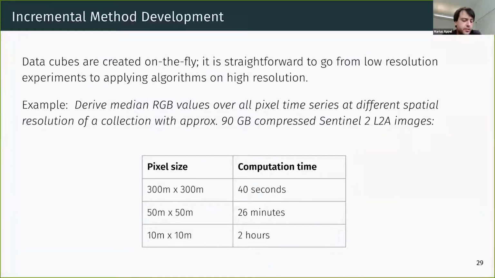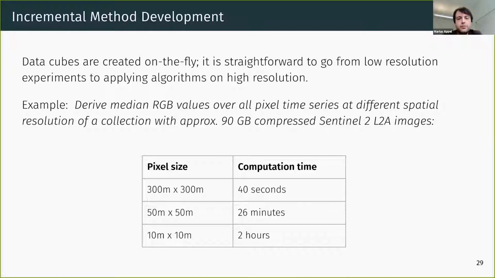Okay, as I've mentioned, the data cubes are actually created on the fly, and that makes it relatively easy to go from low resolution experiments. When you first want to explore your data, you do things on low resolution and just try out things with very simple algorithms maybe.